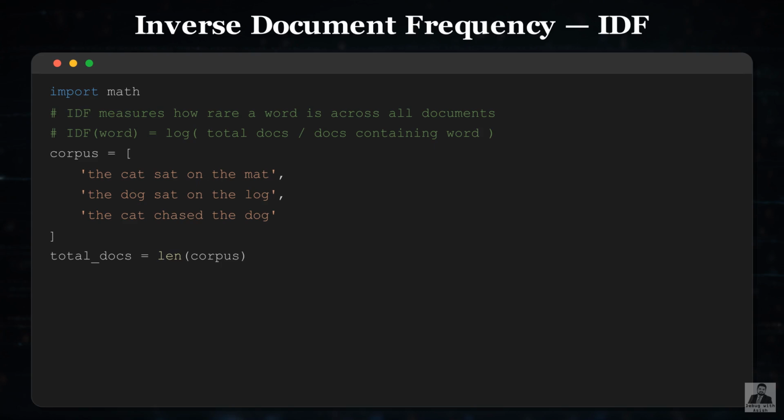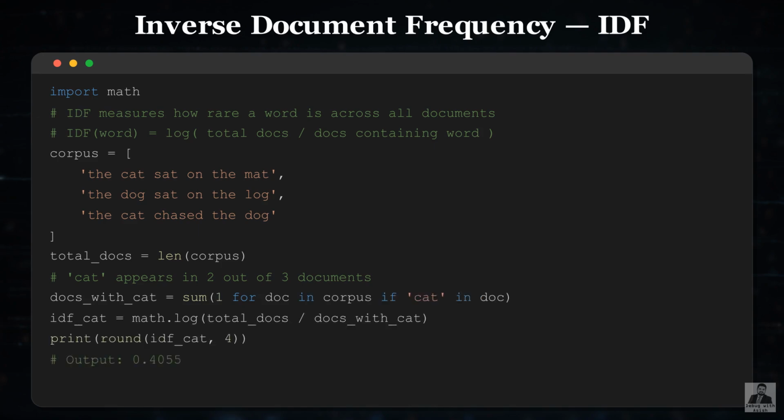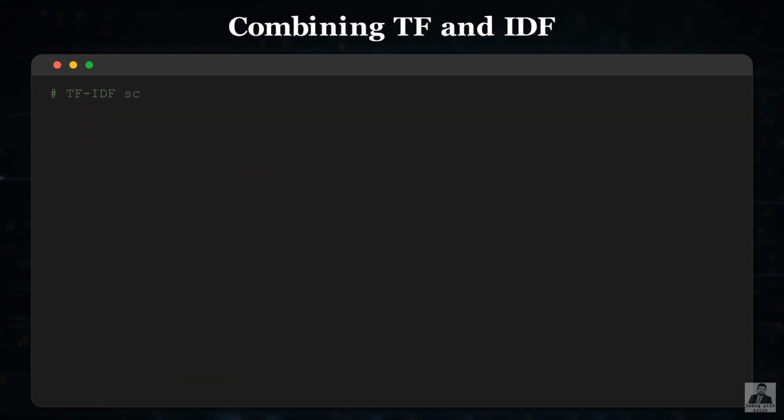The word "the" appears in all 3 documents, so its IDF is log of 3 over 3, which is log of 1, which equals 0. The word "cat" appears in only 2 of 3 documents, so its IDF is higher, reflecting that it is more informative.